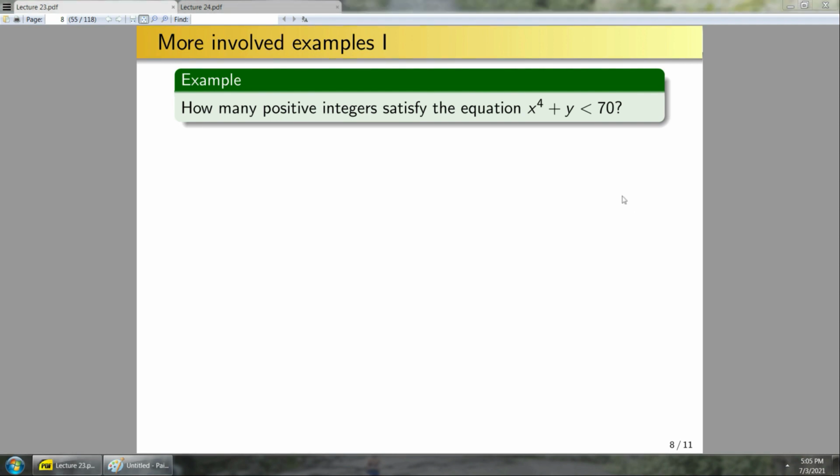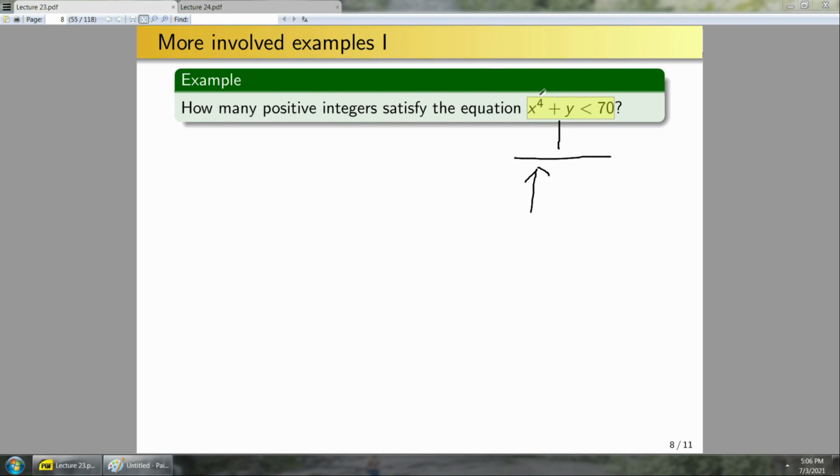How many positive integers satisfy this equation here? So you might think a priori that this is similar to the problem that we considered before, but it's not. If I were to try the stars and bars type method, in my bins, this bin on that side, whenever I put, quote, one ball into it, it changes the number of balls in the bin based off the values of balls that are in the bin.